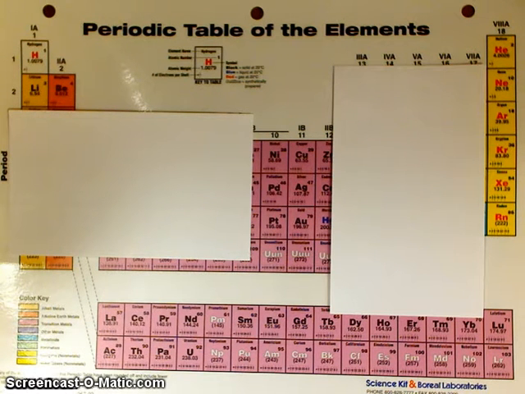Okay, you look down underneath that, and it's neon. Neon is using 2 energy levels. So neon has 2 electrons in the first energy level, and neon has 8 electrons in the second energy level. Okay, but the second energy level can only hold 8 electrons, so it's full. And when you have an outer energy level that's full, that element is not reactive.